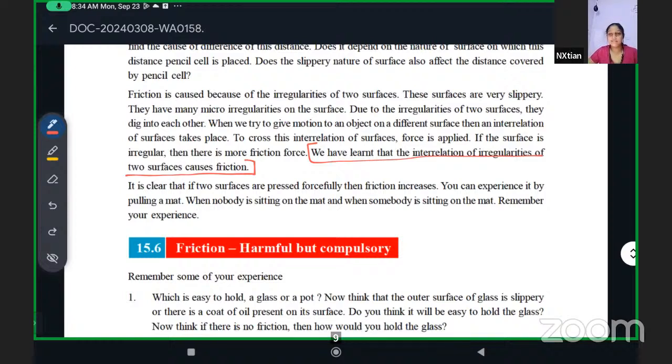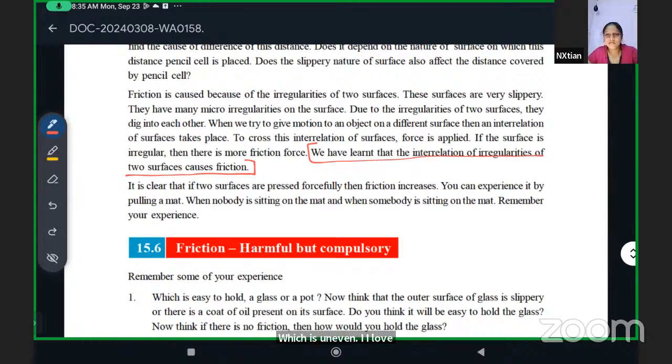Ma'am, if the interrelation means they have come together, and in reality they are uneven. So if I have a mat with uneven surfaces like this, and another one with uneven surfaces like this, those two will cause friction. Or if I have a carpet and my foot, which is uneven, and I rub my foot against it, it will cause friction.